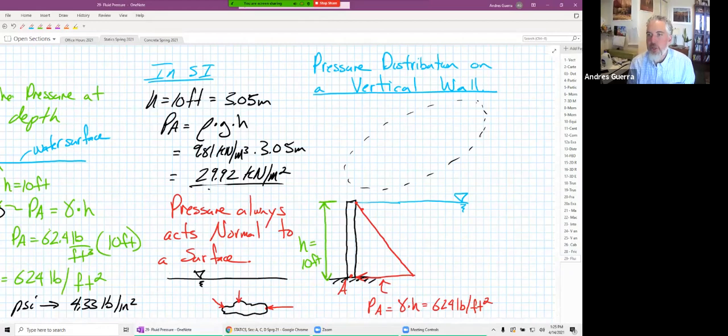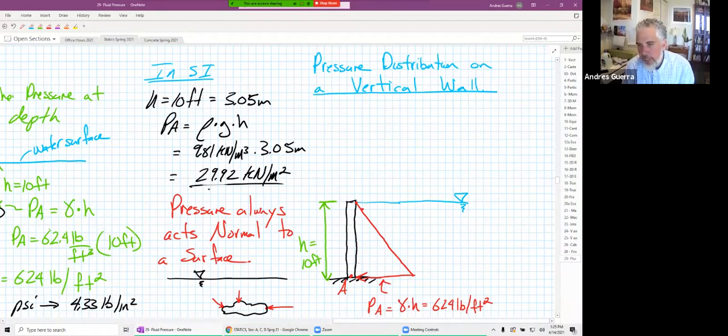Now, let's do the three-dimensional part of this, because that's our pressure at that point, but we can simplify these problems down to 2 dimensions, but it's nice for us to visualize what's going on in that 3rd dimension. So let's draw the rest of this wall here on our swimming pool.